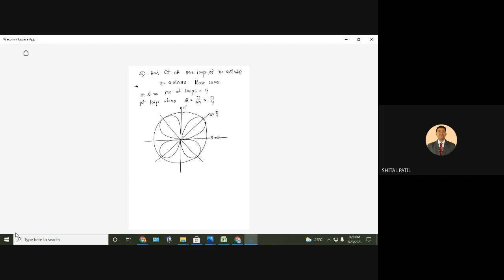Theta equal to pi by 2. Actually, all these things are not required. So we are interested in this loop only. Tell me where the center of gravity will be, where the CG will be. Will be on this line only, na? Yes, sir.